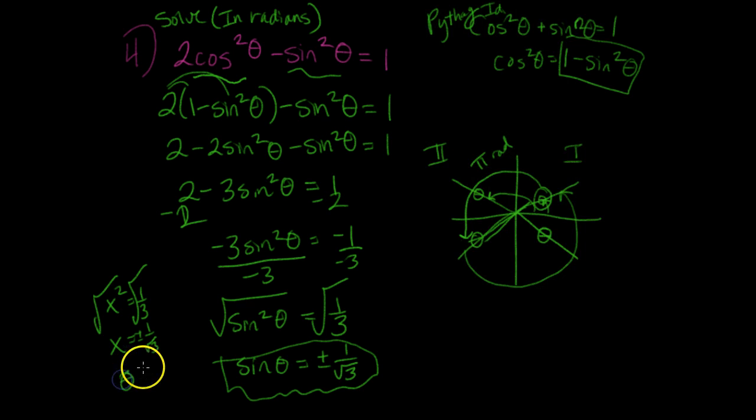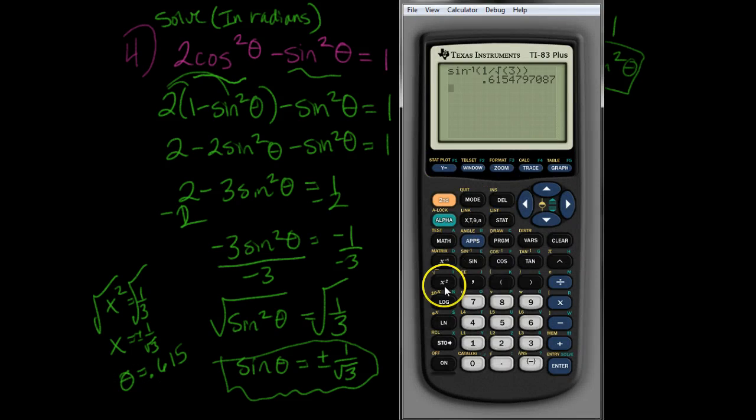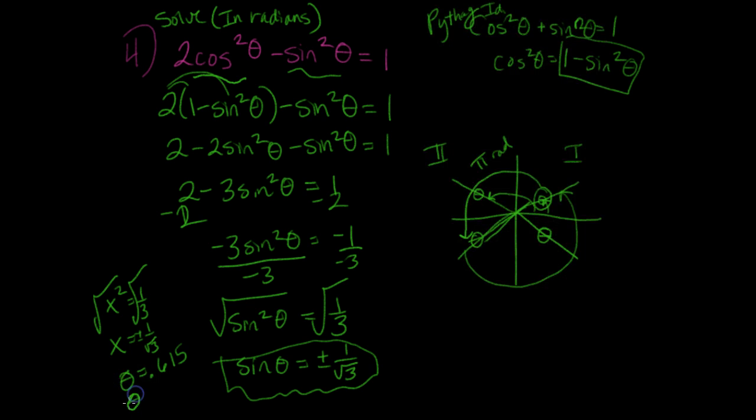So theta can equal 0.615. Now that was for the positive, so let's do the negative. Second entry gives me my thing again. I'm going to use that same thing and insert a negative. So it's just the opposite. So it's negative 0.615. So theta can also equal negative 0.615.